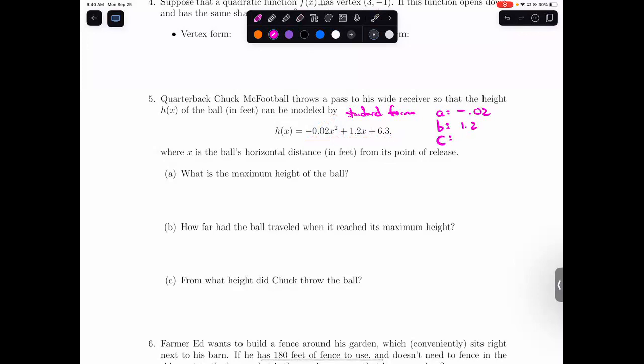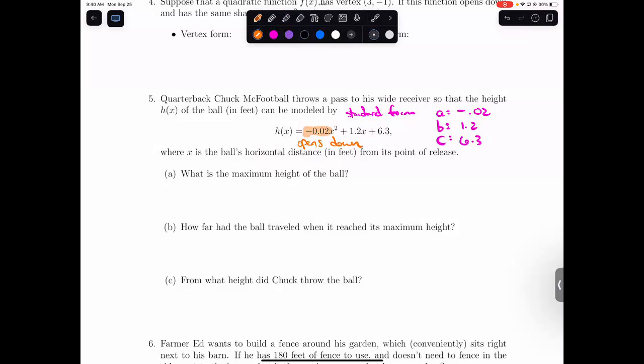B is 1.2. C is 6.3. Which way is it open? We're looking at something like that then, right?